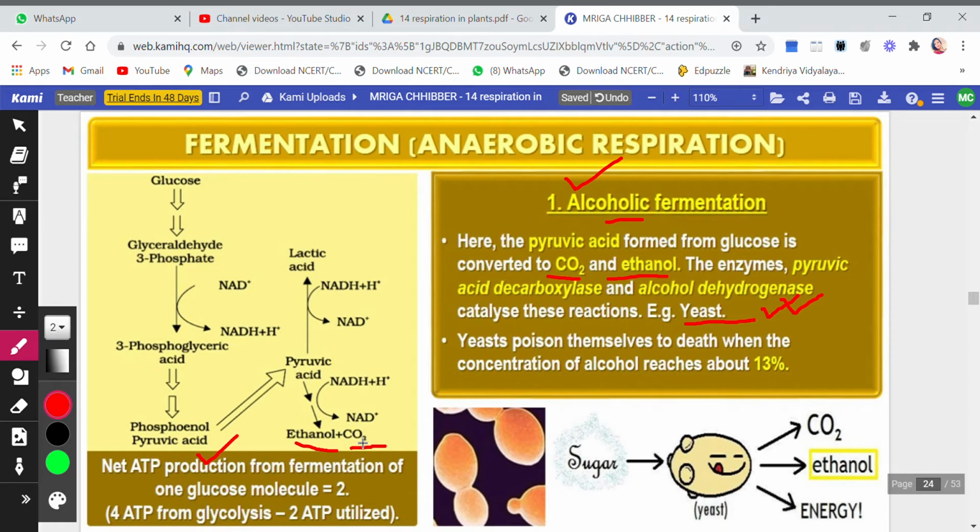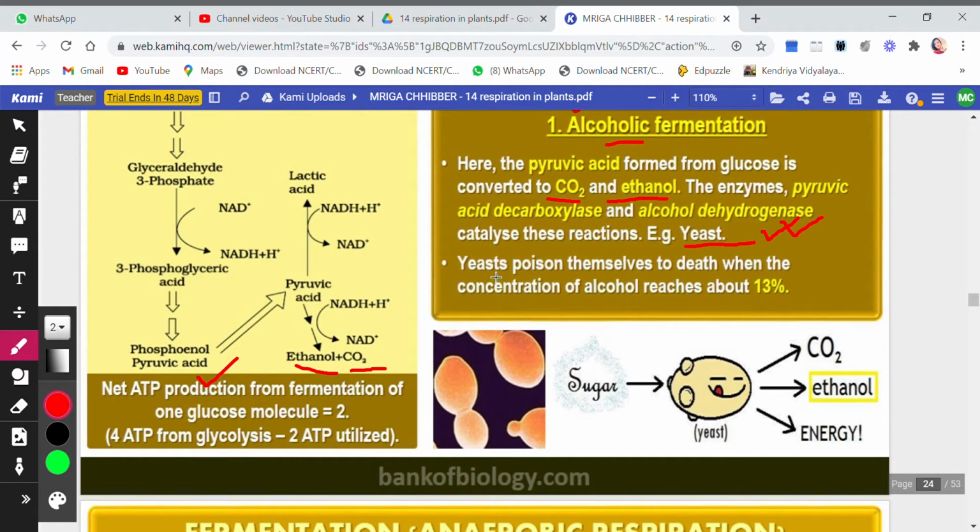That is why we use yeast for the fermentation of chole bhature and dhokla. We also use it for various other beverages, right? Because alcohol is formed, and because of the presence of ethyl alcohol, the slightly sour taste that comes is because of the ethyl alcohol formation.